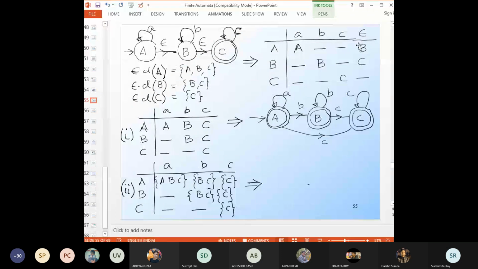Okay, so actually by following epsilon transitions, you can go to state B where you can accept B. So therefore, you have to give the epsilon closure of B, which is BC. And similarly for C. Okay, so instead of just one state, you go to a subset of states. So these are nothing but the same states, as you can see, replaced by their epsilon closures. Now, if this option of the transition function is followed, then what is the NFA which we get? Let's draw it again.